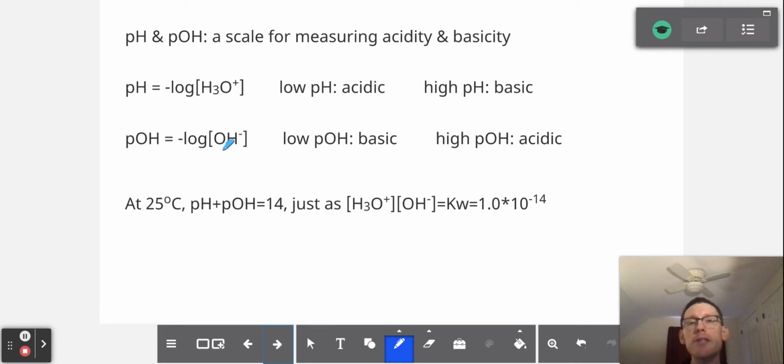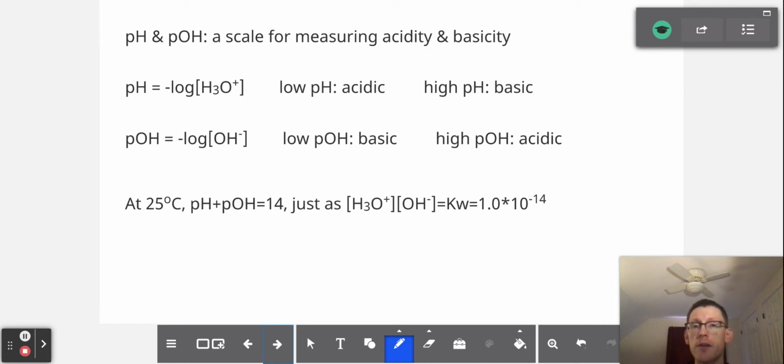Now, pH is something that relates to the concentration of H3O+, and it's something that you may have heard of a long time ago. Now we're going to get into the real scientific and mathematical definitions of what pH is. pH is the negative logarithm of the concentration of H3O+.